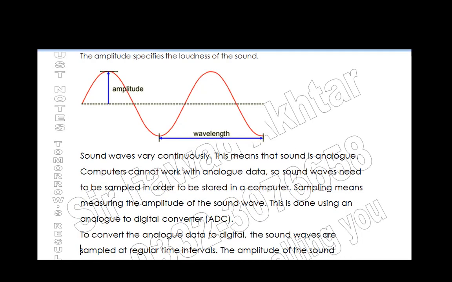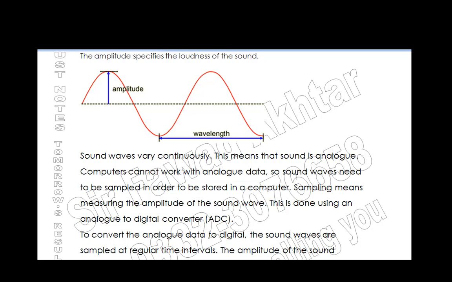Now let's see how sound waves work with the computer system. Sound waves vary continuously, meaning there is a continuous wave of sound for a longer or shorter duration, such as 1 minute, 5 minutes, or 20 minutes, right? And sound is basically an analog value, and the computer does not process analog values.